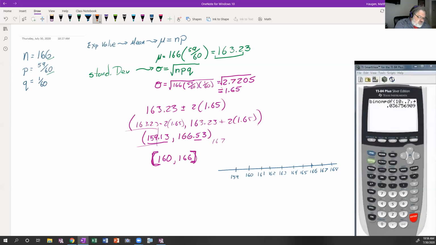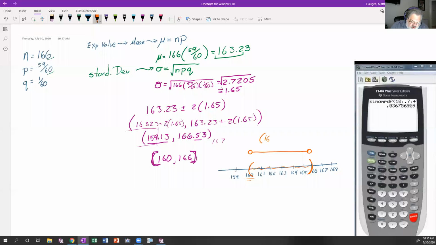So if we are going from 160 to 166, there are two ways we might want to signify that interval. If you use the parentheses, we start at 160 and go forward, but 160 is not in our interval. Graphically, we often use an open circle at 160 and at 166.